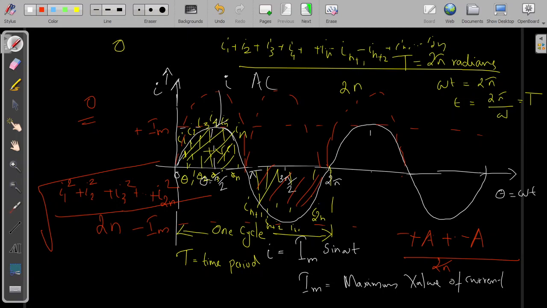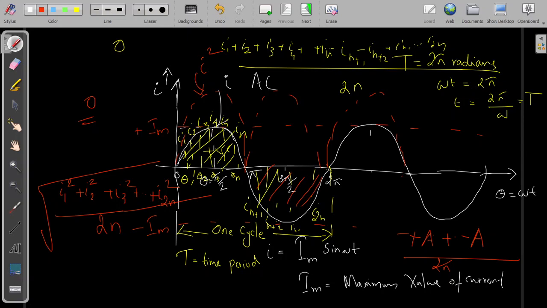Now you find the mean of this and finally apply the square root. This red colored waveform is nothing but your waveform I square.